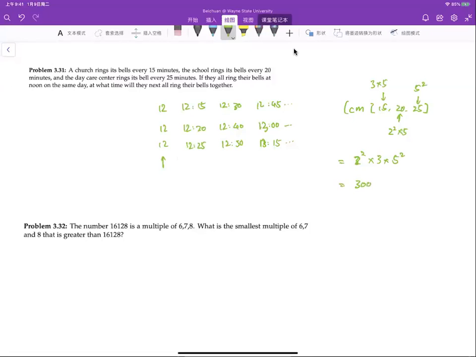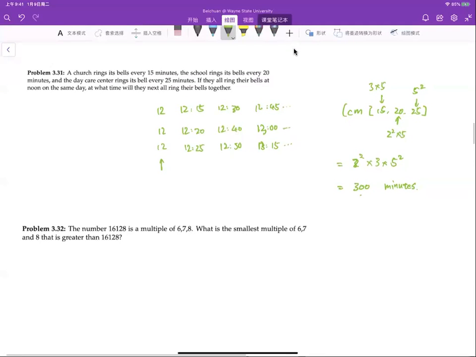So actually, the 300 here is the minutes, right? So you see that the unit here is minutes. So that means after 300 minutes, they will ring the bells together. So 300 minutes is 5 hours. So the next time they will ring the bells together will be 5 p.m. Right.